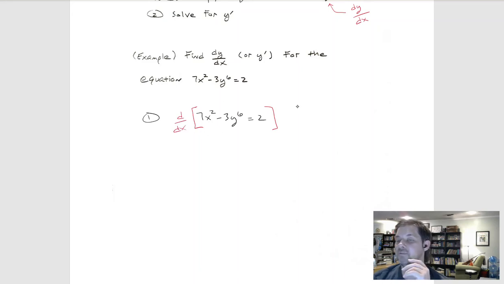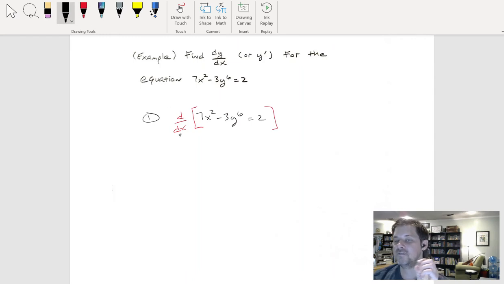So I'm going to write like this. There's my equation, and this d over dx, that's shorthand for saying I'm going to take the derivative with respect to x. And I have to use whatever rule is appropriate.